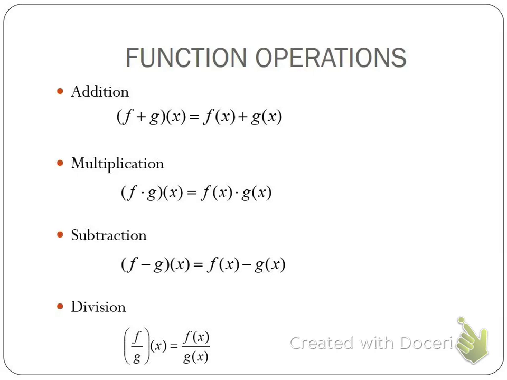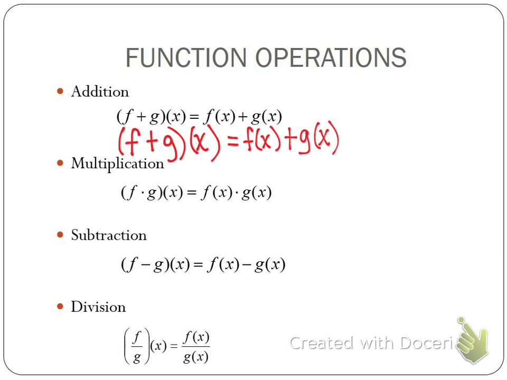I will write these out a little bit bigger next to or below where they have it written. So for addition, we have f plus g of x. So that says that we are going to be adding two functions together, adding f and g. So that is the same as taking the function f of x and adding it to the function g of x.